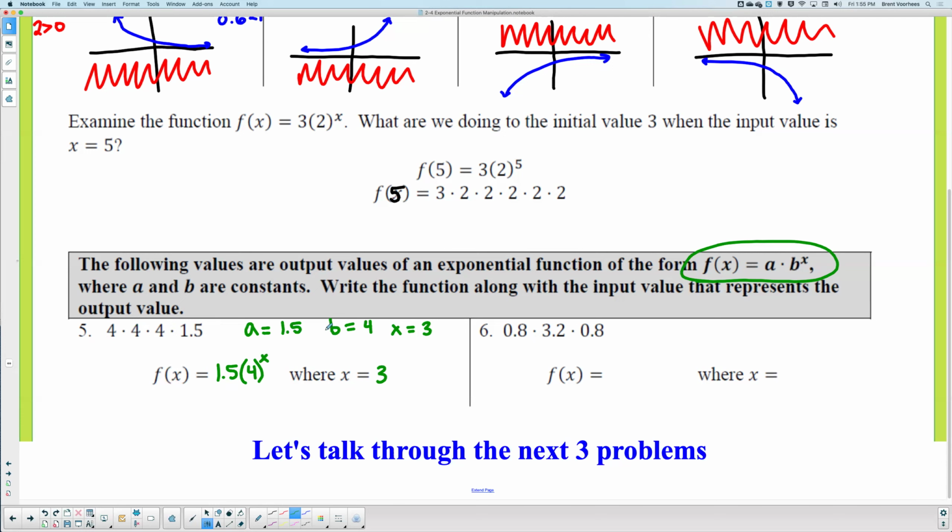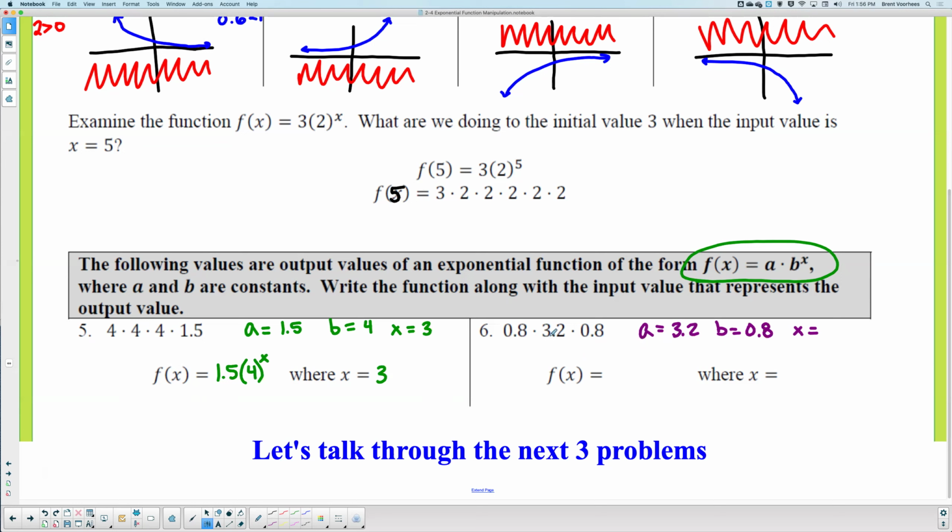Okay, let's try it one more time. We're first going to identify A, then B, and then x. Let's identify our A. Which value do you think is A? 3.2. Perfect. That's our A value. Okay, what about our B? 0.8.